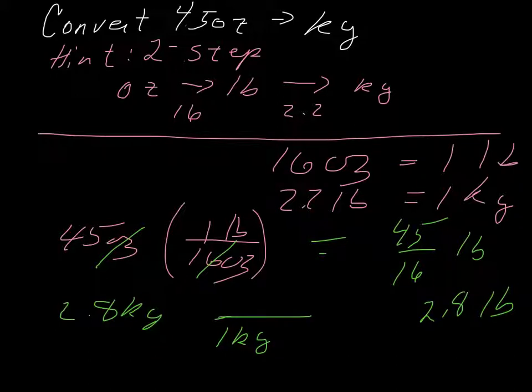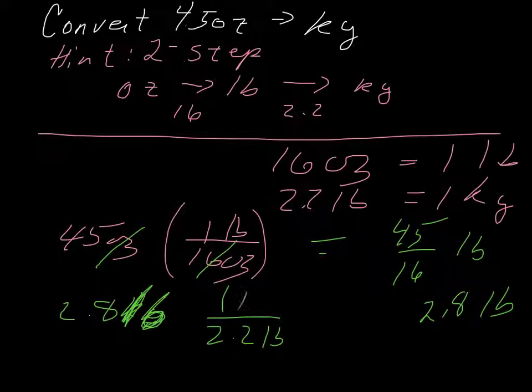Oh wait, this is in pounds. No wonder I'm confused. I should practice more. We have pounds. We want to go to kilograms. I'm jumping ahead of myself. So 2.8 pounds. We want to divide by pounds.